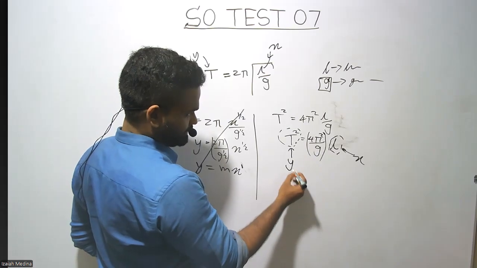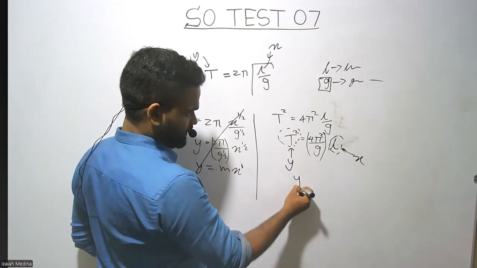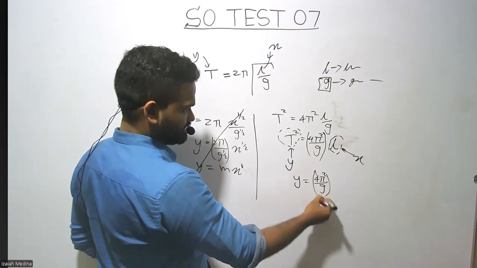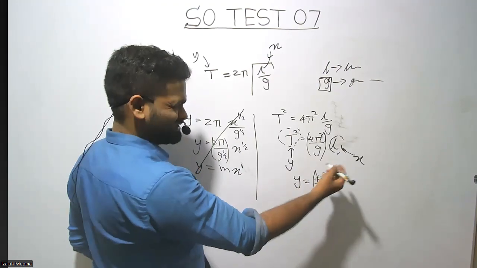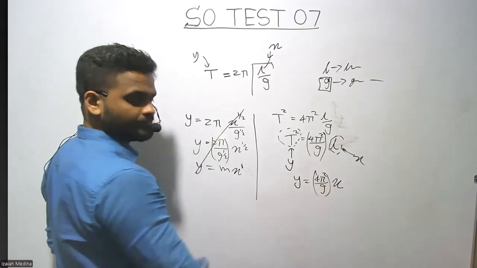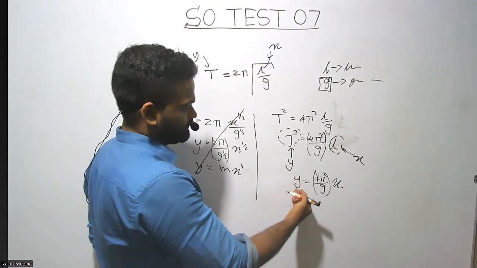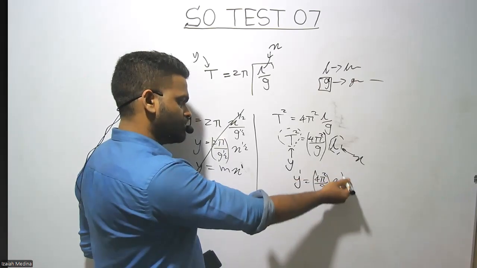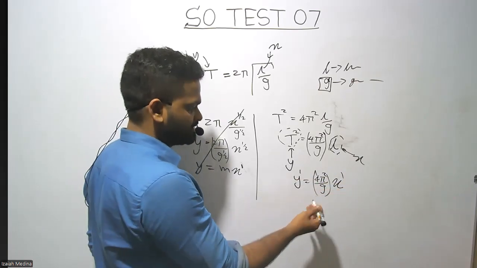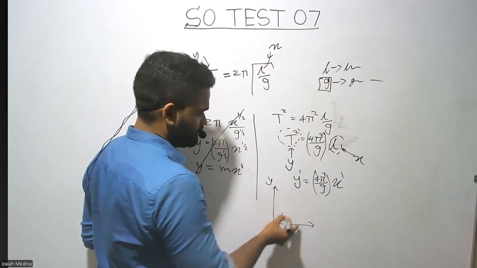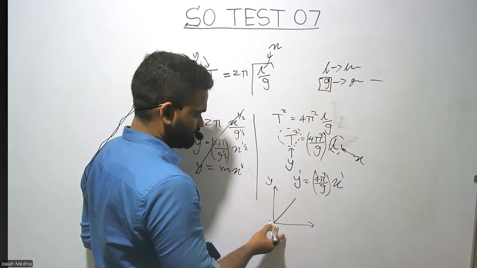So what do we get? Instead of T squared, I just put Y. There's this gradient, which consists of constants, doesn't matter. Then length is X. So what do we have? Y equals mx. There's no power, both are 1, right? So we'll get a graph that goes through 0, 0.